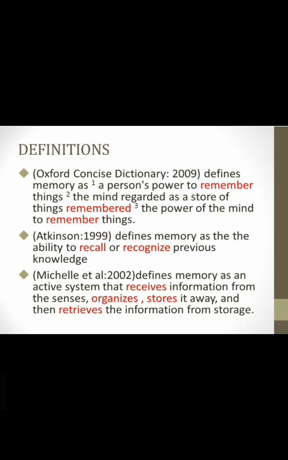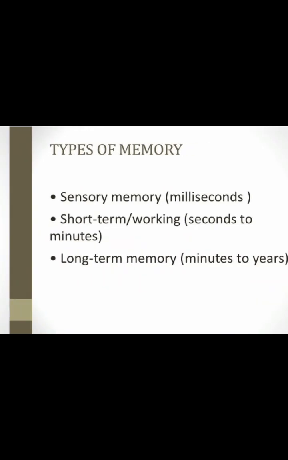Atkinson 1999 defined memory as the ability to recall and recognize previous knowledge. Mitchell 2002 defined memory as an active system that receives different information from the senses, organizes it, stores it away, and retrieves the information from storage, like long-term memory.